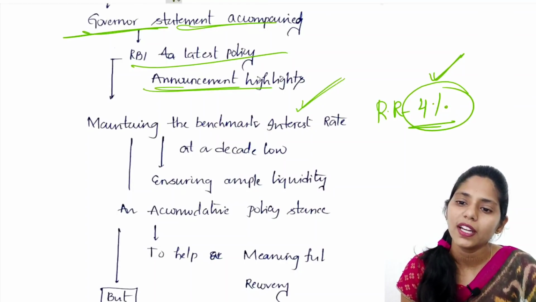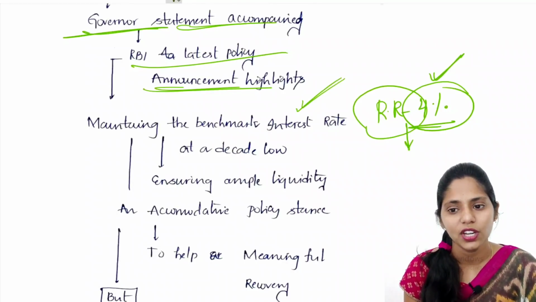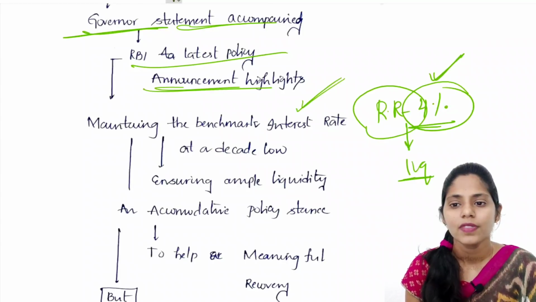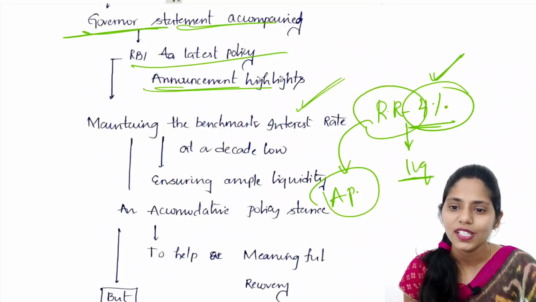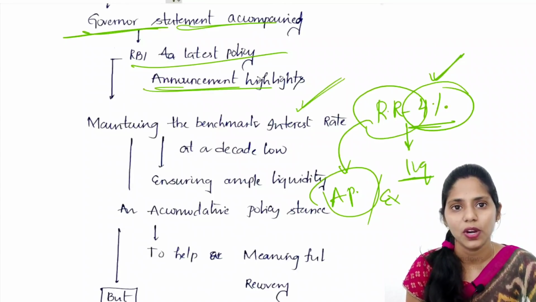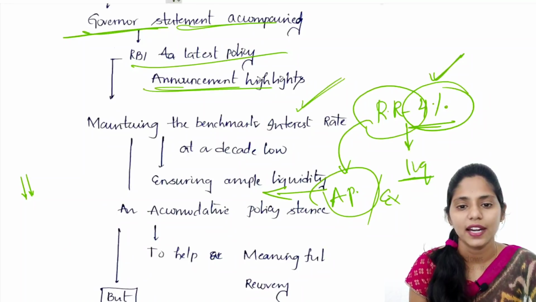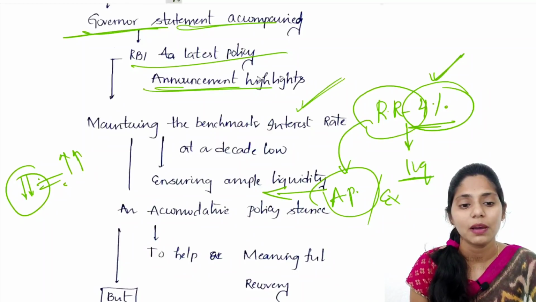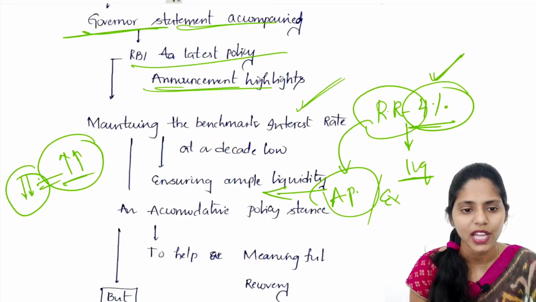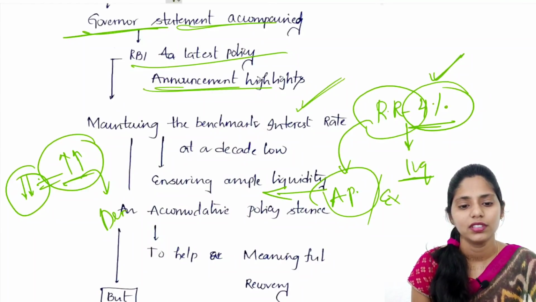Whenever they maintain a low repo rate, that will ensure liquidity in the market, and it is called an accommodative policy. Accommodative policy is also called expansionist policy. In this expansionist policy, they keep benchmark interest rates low, which leads to an increase in money supply in the market. That will revive demand, right?